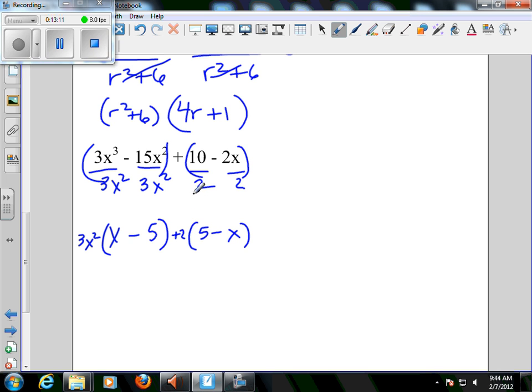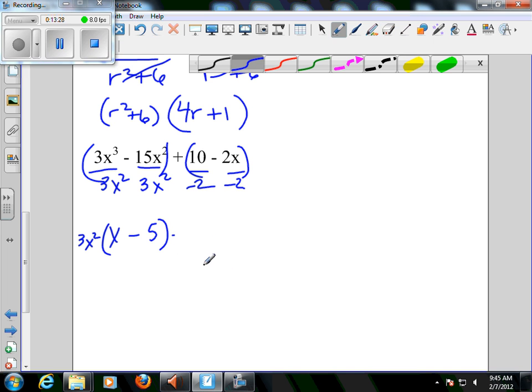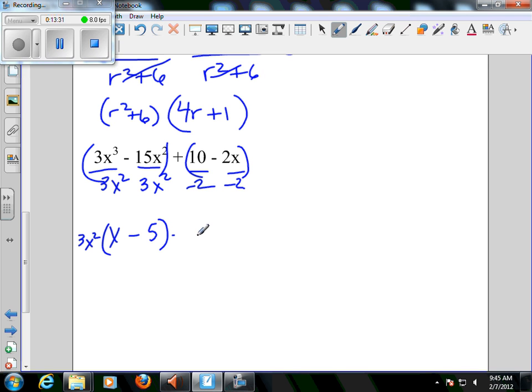However, if we had divided by negative 2, if we had used a negative for our GCF, you would have ended up with negative 5 plus x, and you would have had the negative 2 in front of them. Well, that is the same thing, because really all we have to do is switch these terms around, and we're allowed to do that.